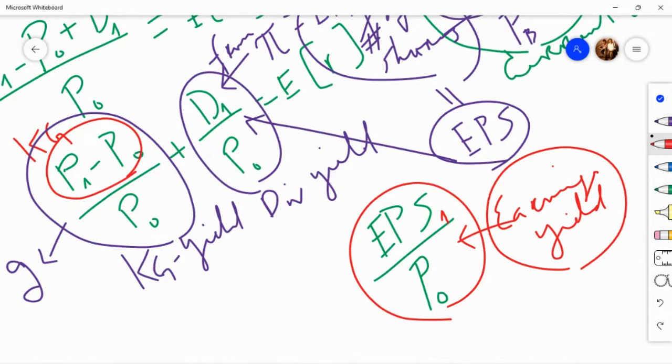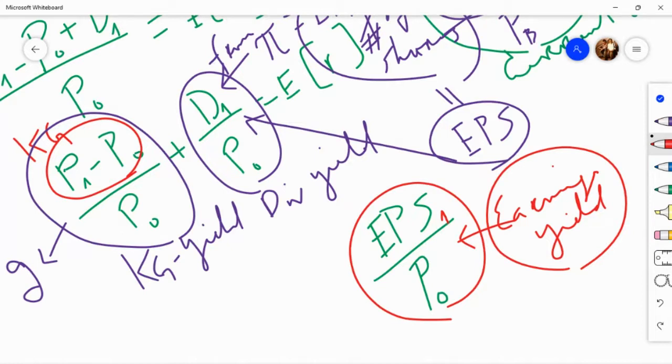Now, earnings yield is a very clear and obvious indicator of the earnings power of your stock.